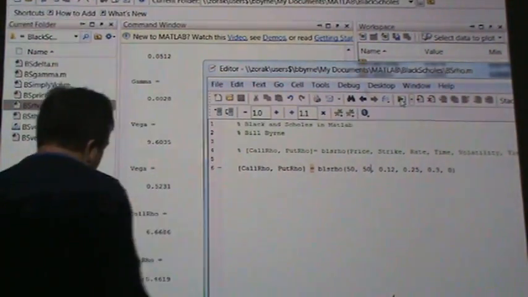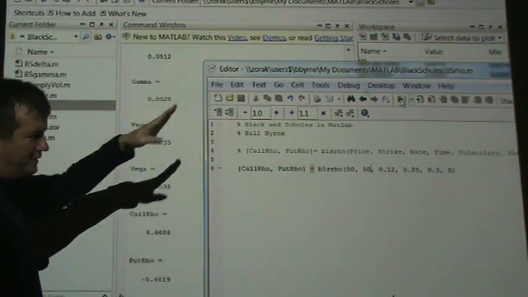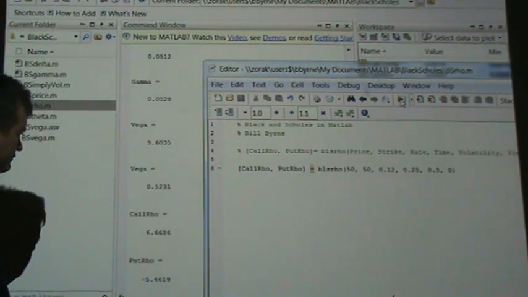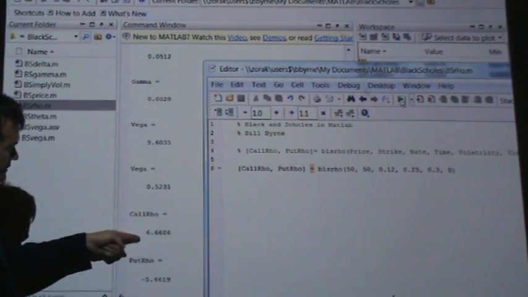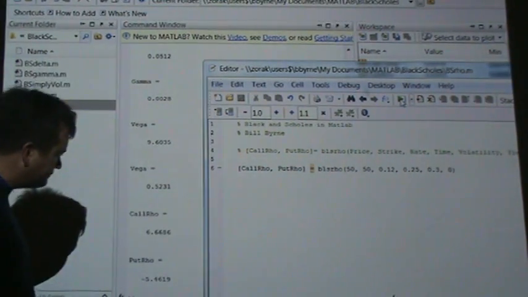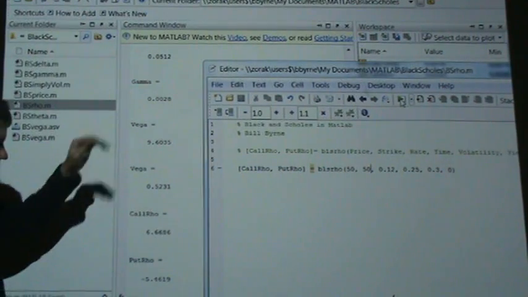So if the interest rate started going up, that would cause the stock price's expectation to go up, because stock prices kind of track the interest rates. So an increase in the interest rate for an option that is at the money would cause a 6.6 times increase in the value of the stock price.